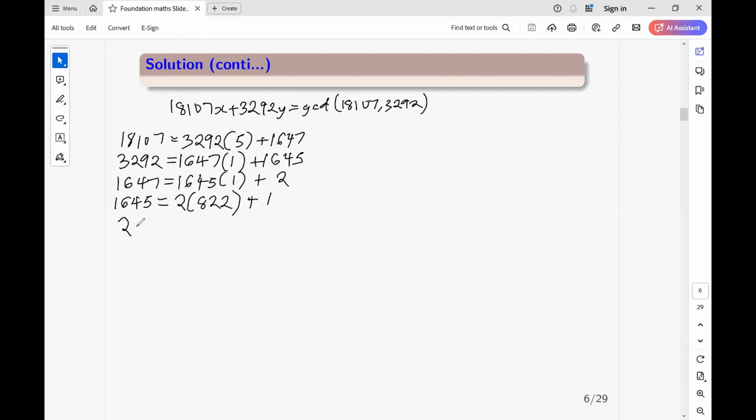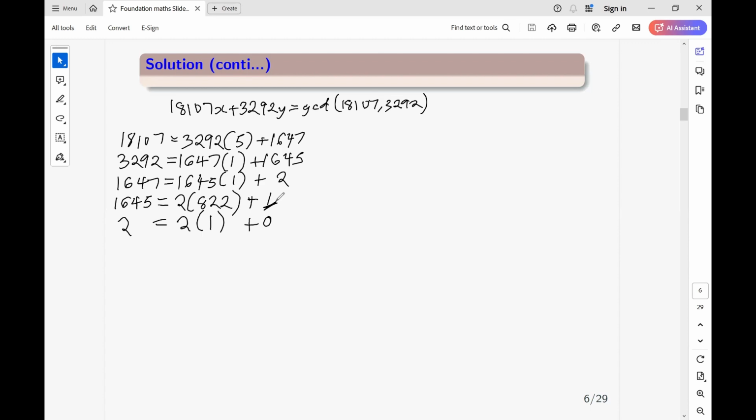Then 1 is going into 2 two times, and our remainder is 0. So the GCD is going to be 1.